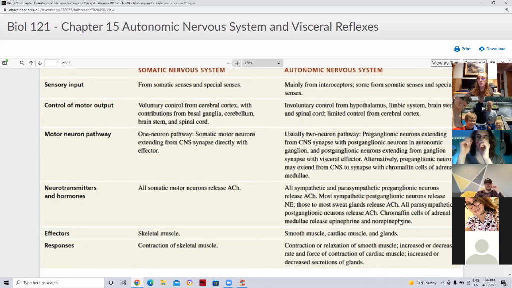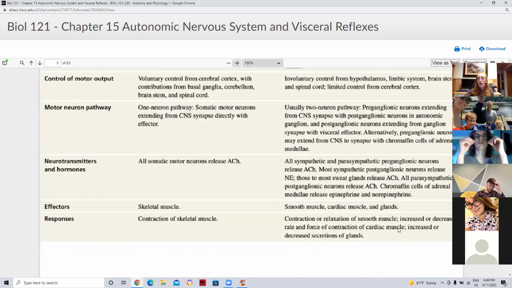It depends on the receptor. So chromaffin cells of the adrenal medulla can release epinephrine and norepinephrine. They are essentially modified postganglionic cells. We'll see that as we go today.